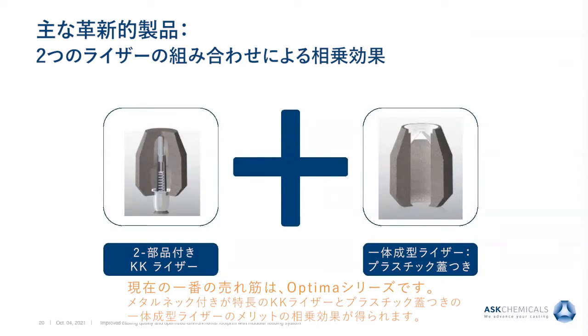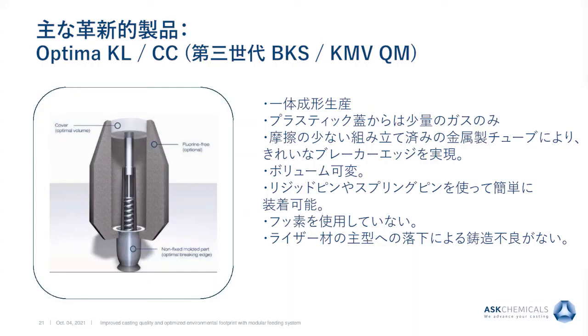So at the time, we took the advantages of all these risers together and created the OPTIMA family. This is the third generation of BKS or KMB-QM. The riser itself is made in a one-shot production. We have low emissions from the plastic cover. We have a very clean breaker edge to the low friction pre-assembled metal tube together with the pin.